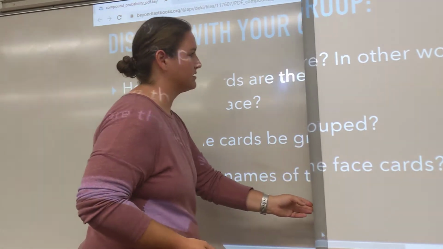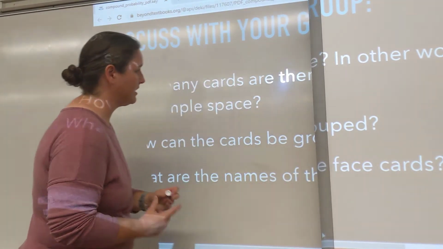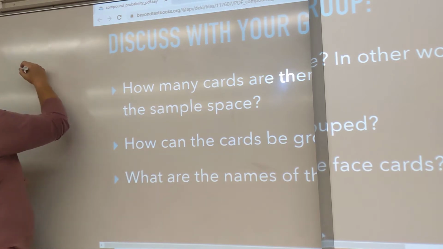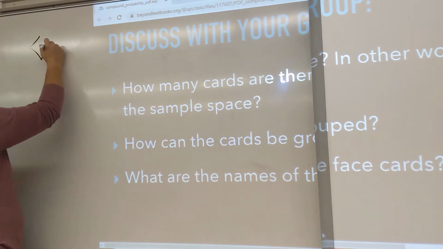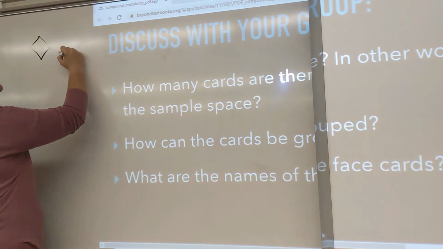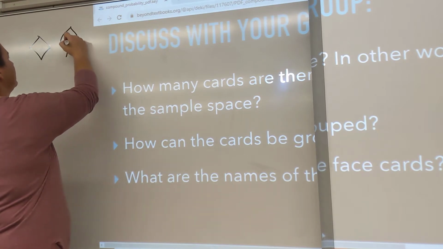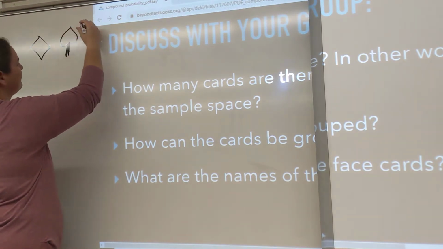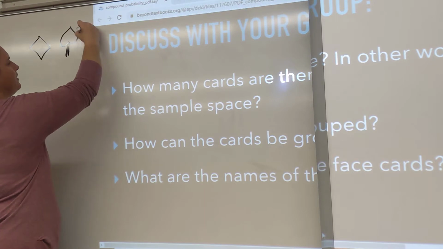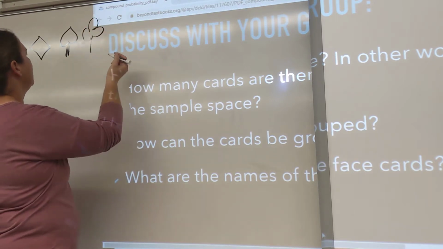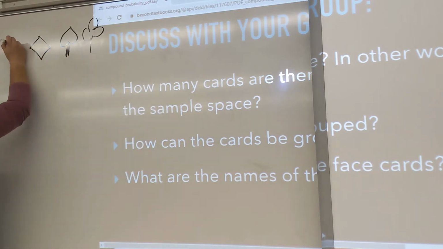And just in case you're not quite sure what that means, you have a deck of cards, right? And in each deck of cards you have our diamonds, you have spades. I am definitely not very good at drawing. We have our clubs, and we have hearts.